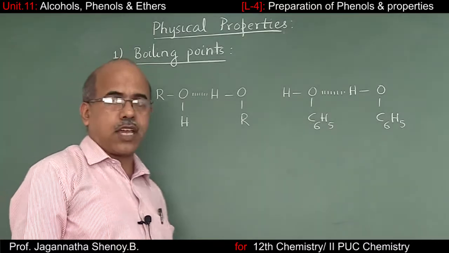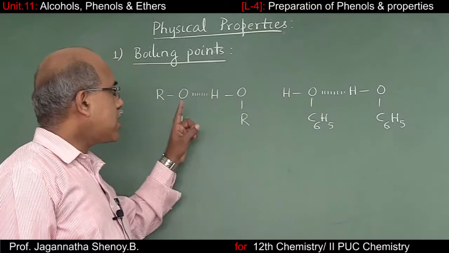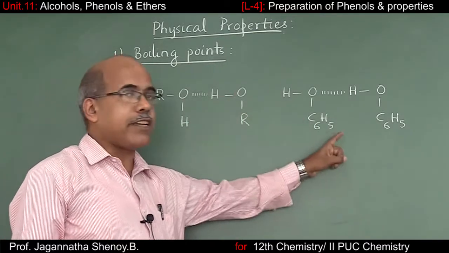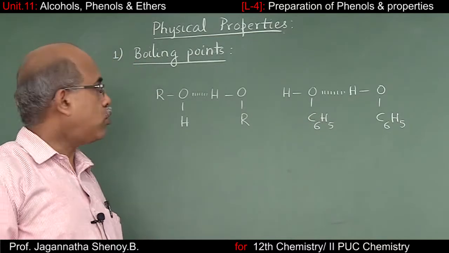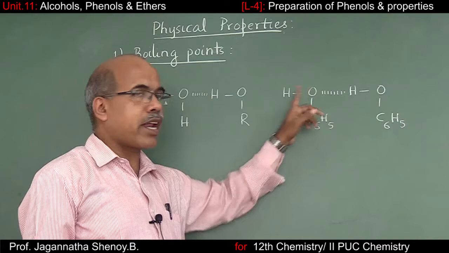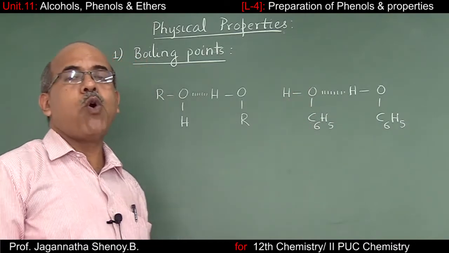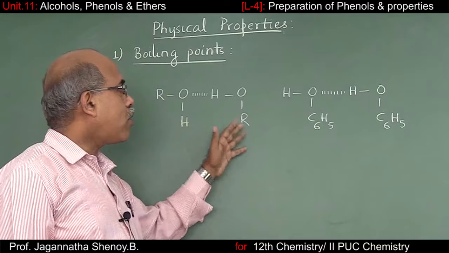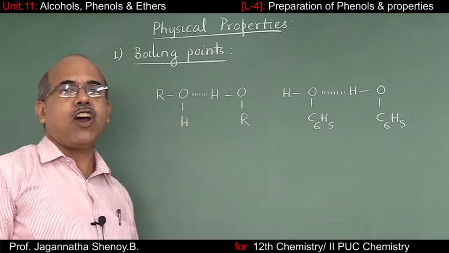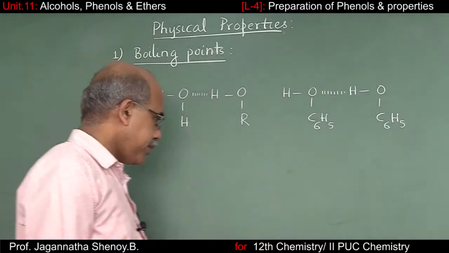So what is the reason you have to write? In case of alcohols and phenols, association of molecules takes place through stable intermolecular hydrogen bonding. That's why more energy must be provided to separate either alcohol molecules or phenol molecules.